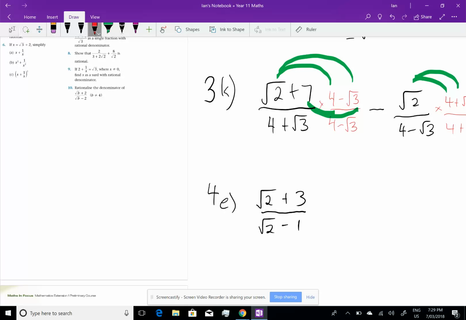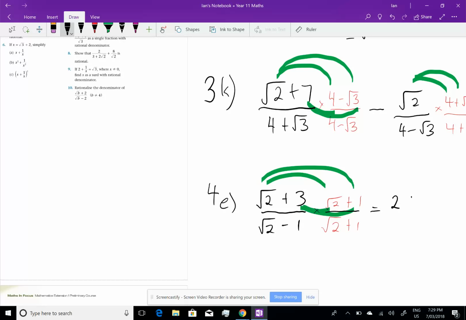First of all, the conjugate. Root 2 plus 1, root 2 plus 1. Okay, well, I've got binomial here, so that times that, and that times that, root 3 times that, and 3 times that. Here we go. Root 2 times root 2, 2.